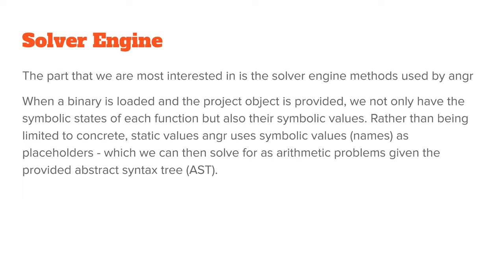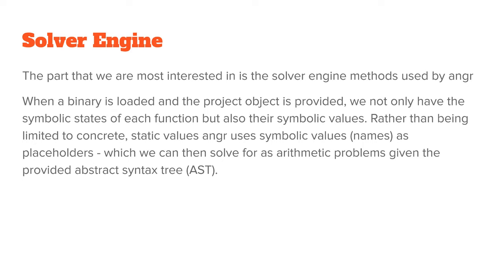So of course, how does it actually manage this? The constraint solving portion. So angr uses a solver engine, so that when a binary is loaded and the project object is provided, we not only have the symbolic states of each function, but also the symbolic values.